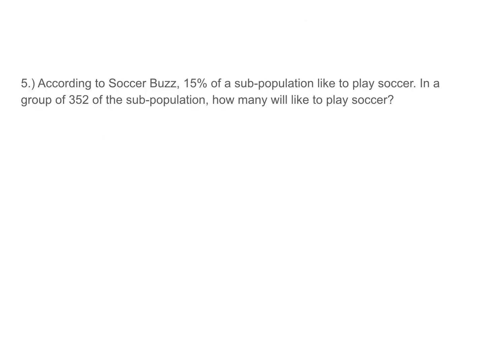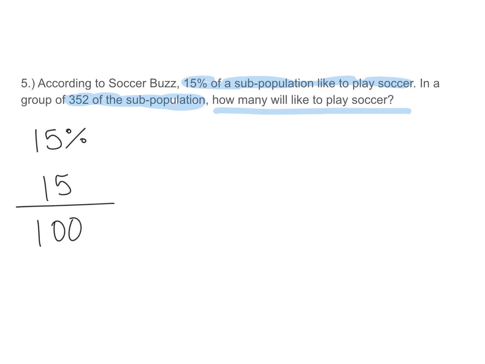All right, number 5. According to Soccer Buzz, 15% of a subpopulation like to play soccer. In a group of 352 of the subpopulation, how many will like to play soccer? Okay, so 15%, we can always write percents out of 100. So I could do 15 out of 100 is equal to, and then we're trying to figure out how many people, and we know that the population is 352.